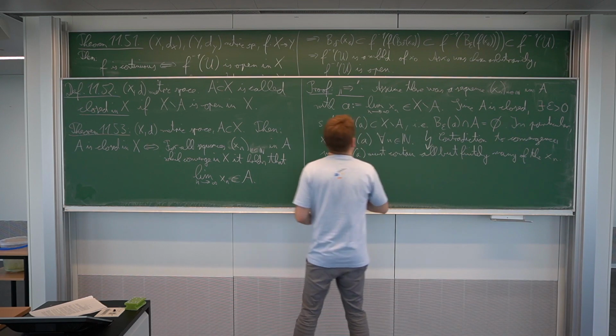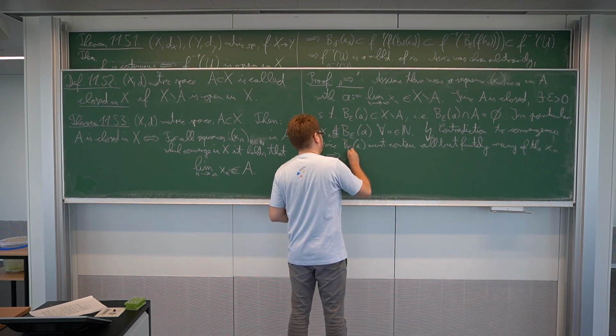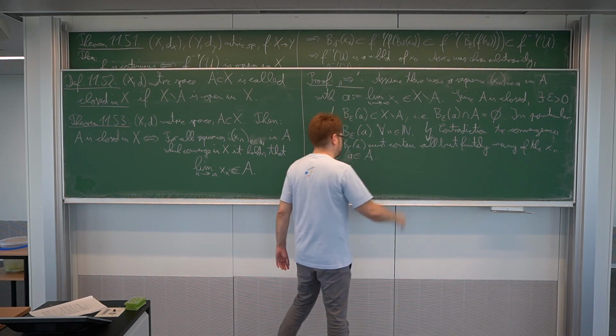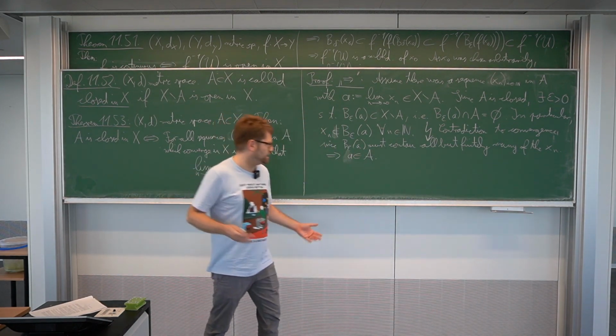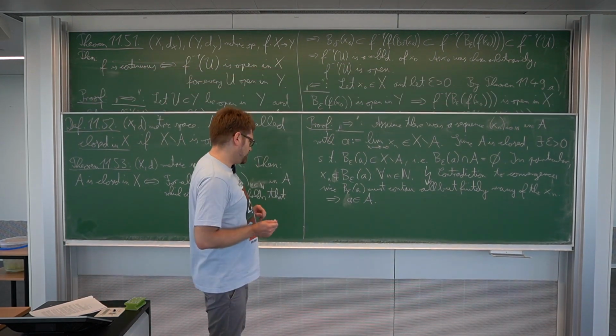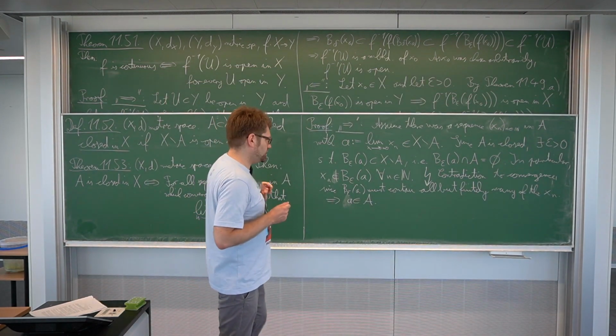So it follows that our assumption is wrong, so it follows that the limit a lies in A, and since the sequence was chosen arbitrarily, this proves the whole implication. Okay, for the second implication I need a little bit more space, so let me erase here.